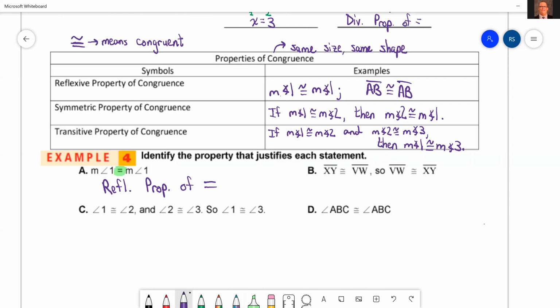Okay, for B, segment XY is congruent to segment VW, so segment VW is congruent to segment XY. What did we do here? Looks like we flipped it. Which one deals with flipping?